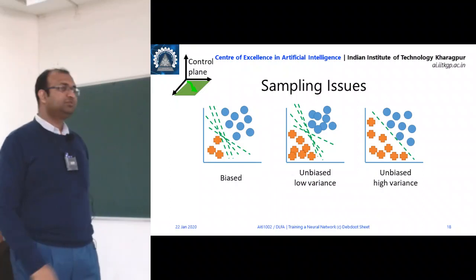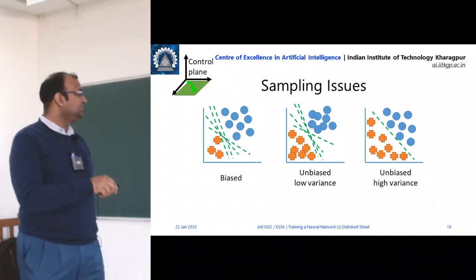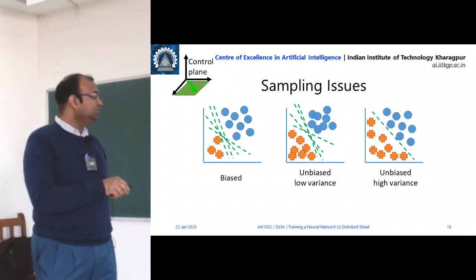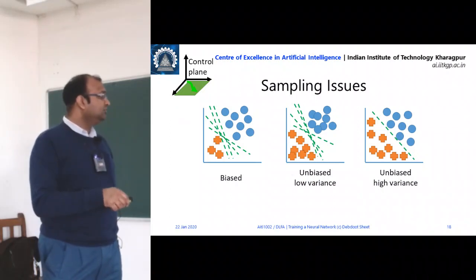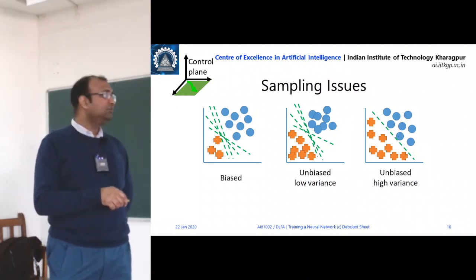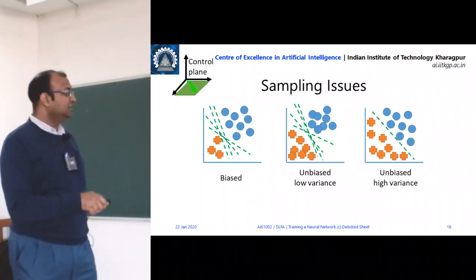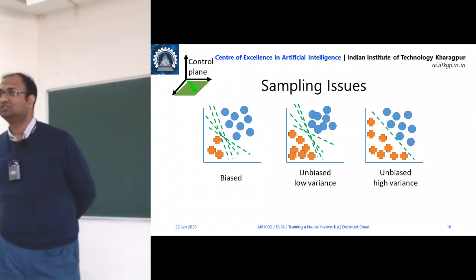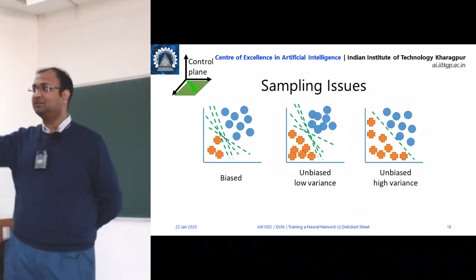The issue which comes down is that generally your network tends to have a very low error for this class and a very high error for this particular class. And we somehow need to get rid of that one. Now generally the idea is that you will have an unbiased one, but then unbiased one is also not something which is of a very good point. And if we draw back to our earlier lectures, the first week's lectures, then you remember that I had shown you what is that model fitting problem.